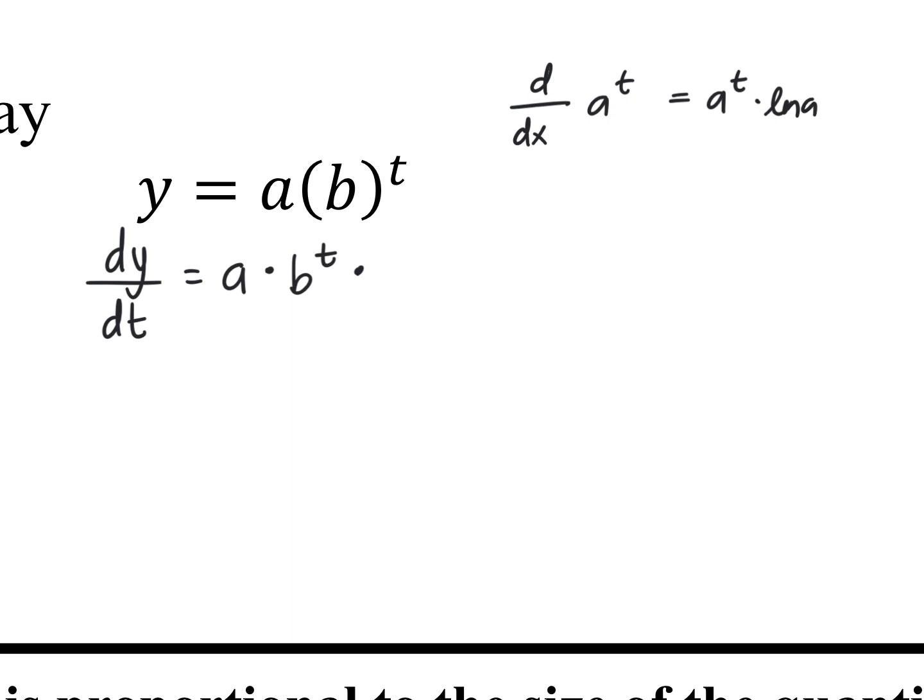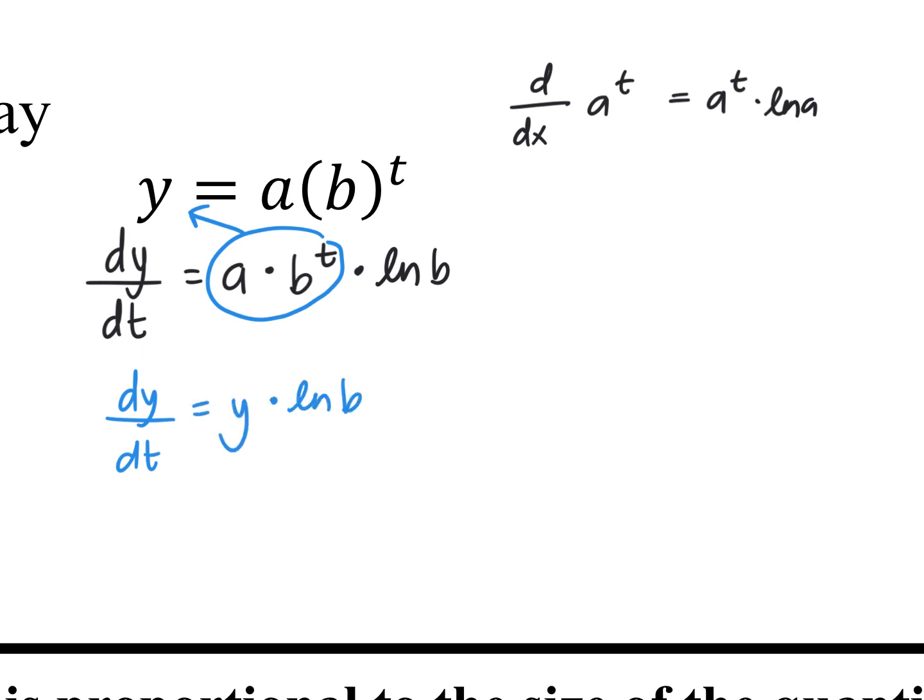Okay, so it's multiplying by the natural log of the base there, so it's going to be the natural log of b, okay? That's one that a lot of us missed on that quiz coming back from winter break when we were doing that derivatives quiz, okay? So, a times b to the t, I'm just going to rewrite that as y, because that's what it is, right? So dy/dt is equal to y times the natural log of b.